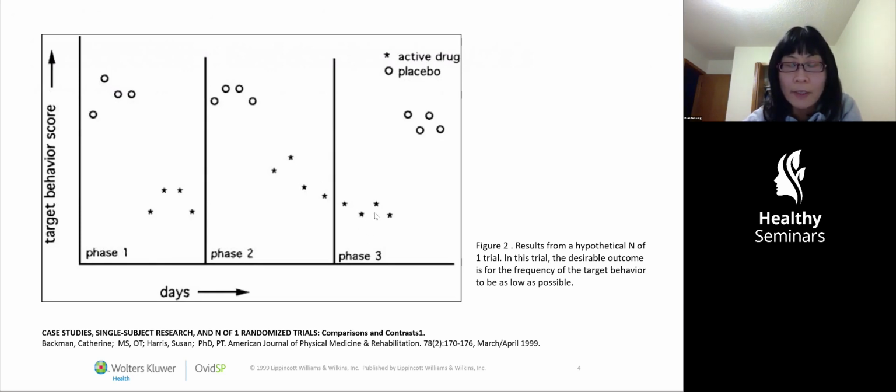And then in phase 3, it starts with the active intervention, the symptom stays low, and when it's switched over to placebo, the symptoms go up again. And so this, you can see here, shows consistency of the measure for the outcome between placebo and active.